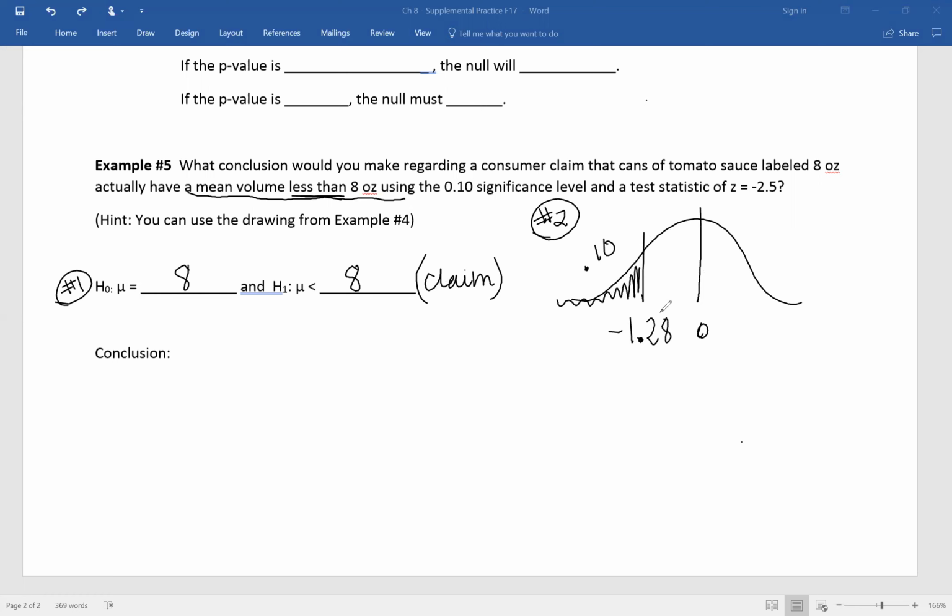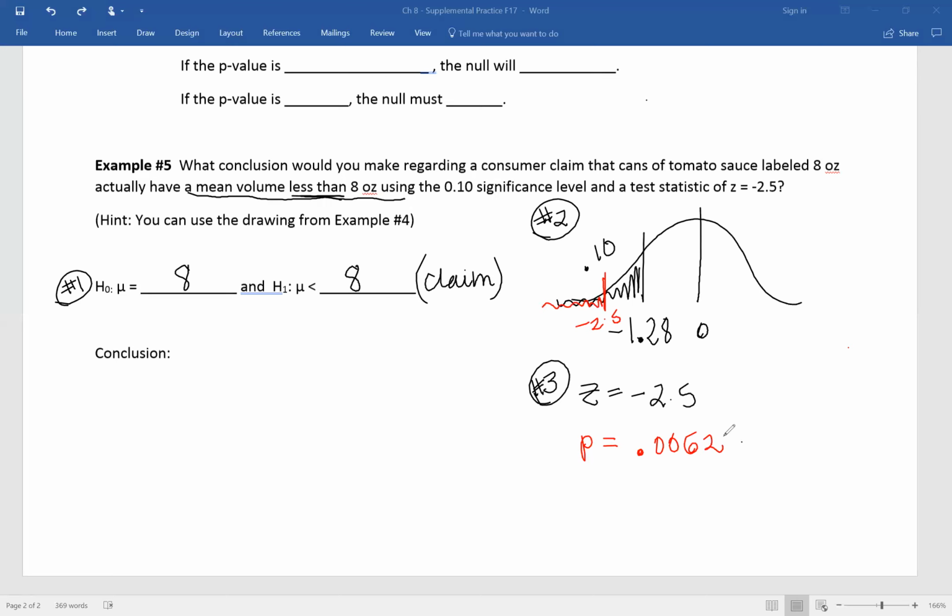Step 3 would be to actually run the hypothesis test, like in a calculator or something like that, and get the test statistic. Well, we were told that z was negative 2.5. That clearly falls out here. Again, our p-value is very small. I think it was 0.0062 if I recall from earlier.